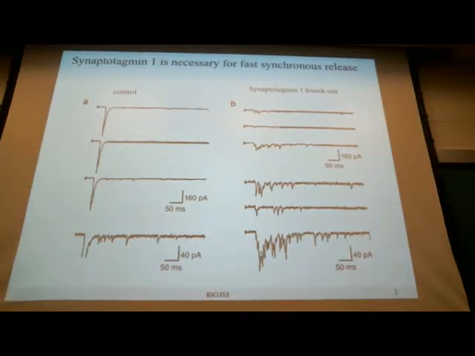We don't really know why release probability is different at different active zones. It may be different with different vesicles. There are numerous steps in preparing a vesicle for release, and you could modify things at any point along those steps.